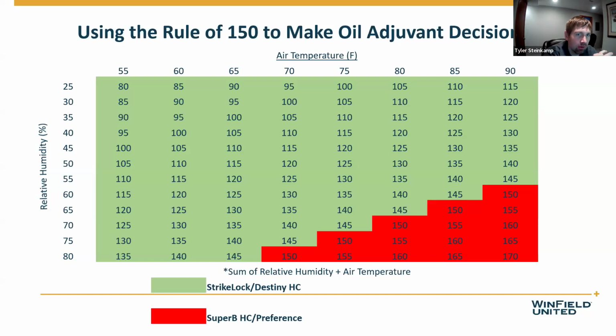Okay. So, rule of 150: if you add the relative humidity and the temperature and it equals greater than 150, you probably need to back off on that oil amount. Don't take it out, back off on that oil amount, or even go down to, let's say if you're using a Destiny or a Strike Lock, maybe you go down to a Superb in that case.